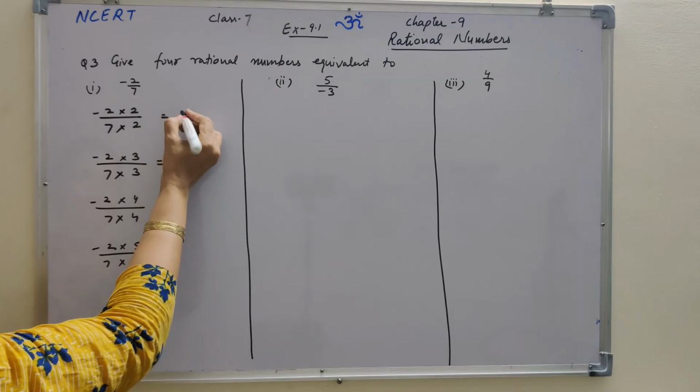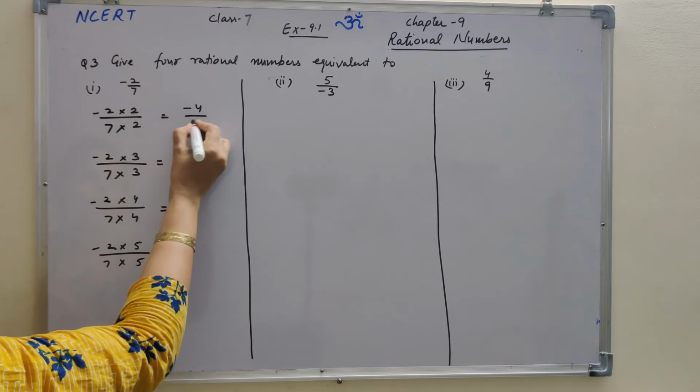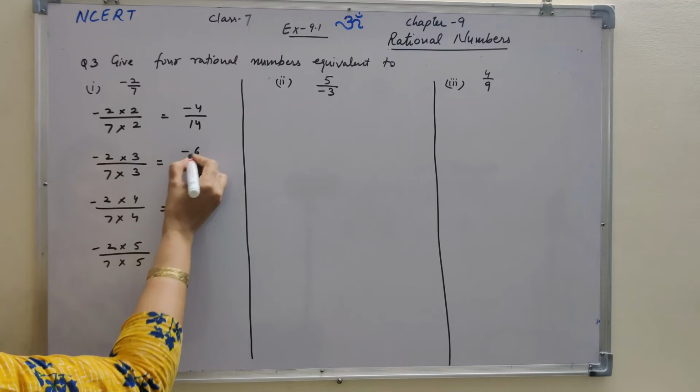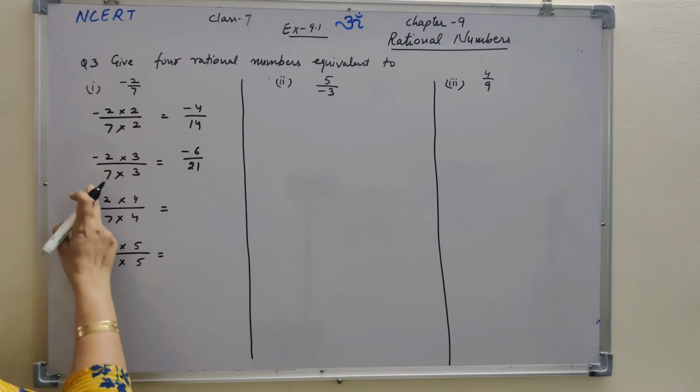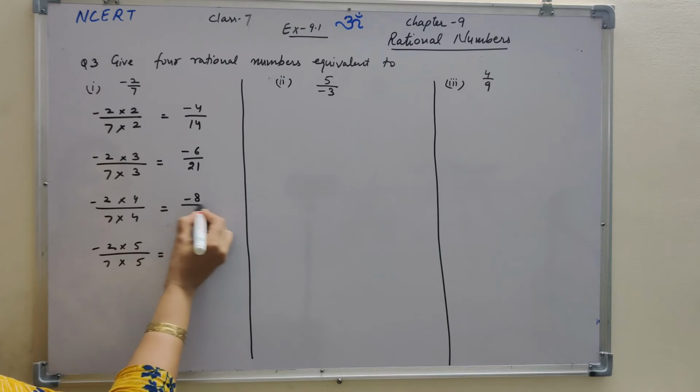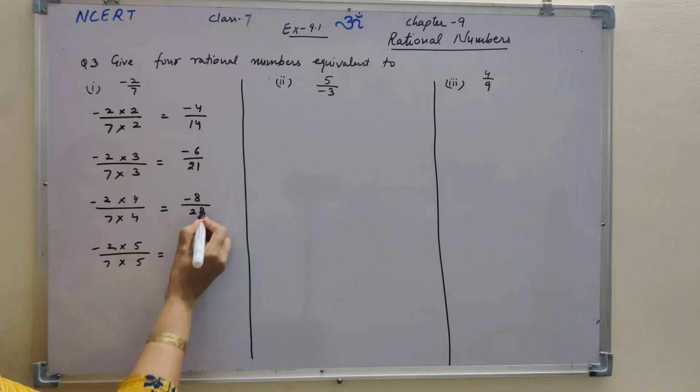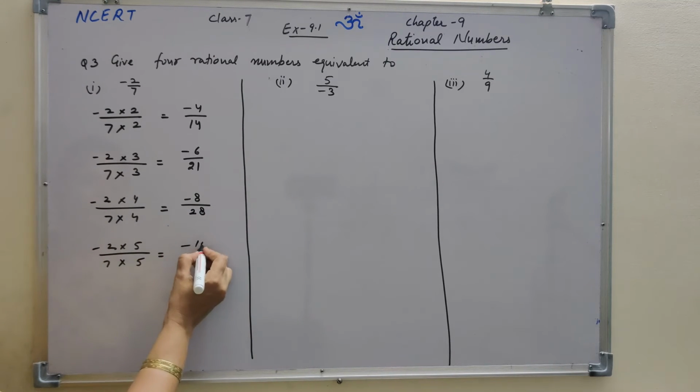Here minus 2 twos are minus 4 and 7 twos are 14. Then it is minus 6 by 21. Minus 2 fours are minus 8 and 7 fours are 28. Minus 2 fives are minus 10, and 7 fives are 35.